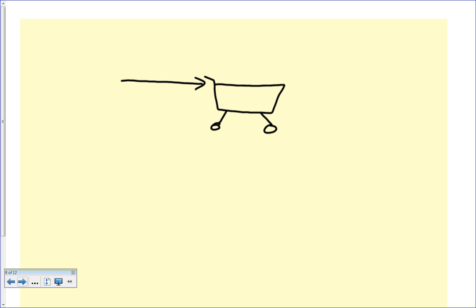That force that you push with, we call that the applied force, FA. Well, between the wheels of the shopping cart and the floor, there's always some amount of friction. And that acts in the opposite direction to the motion. We call that FF, force of friction.